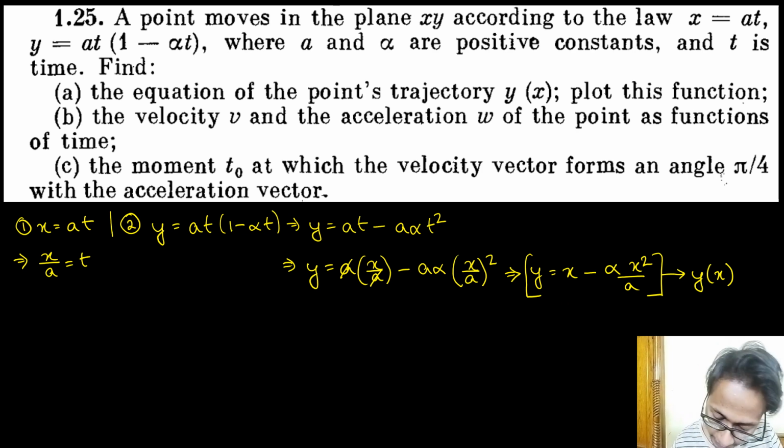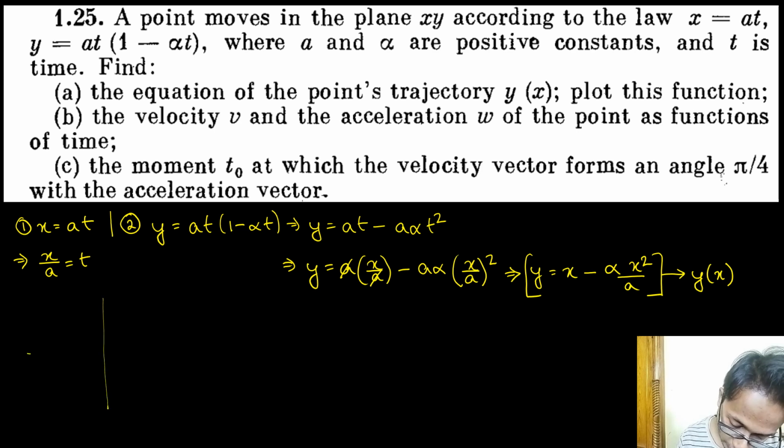The second part of the question is to plot this function. So how do I plot this function? y equals x minus alpha x square by a. This is nothing but the equation of a parabola. And how do I plot it?